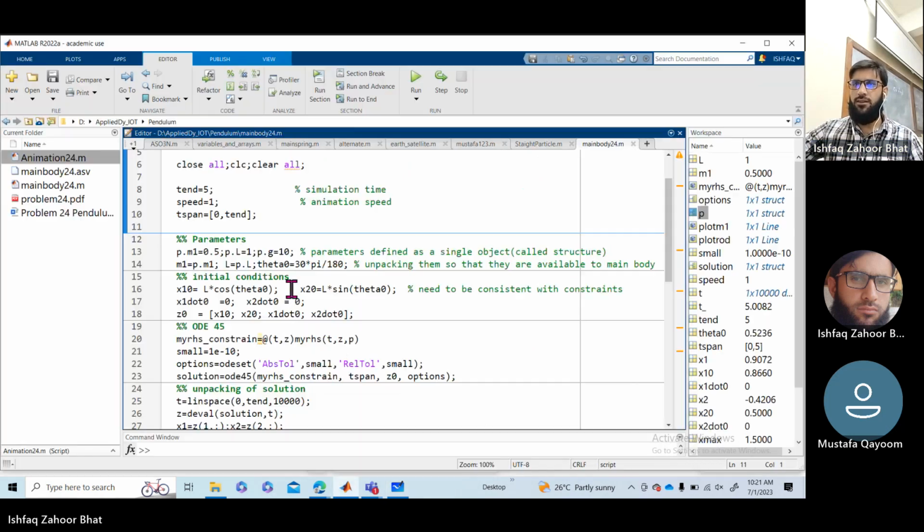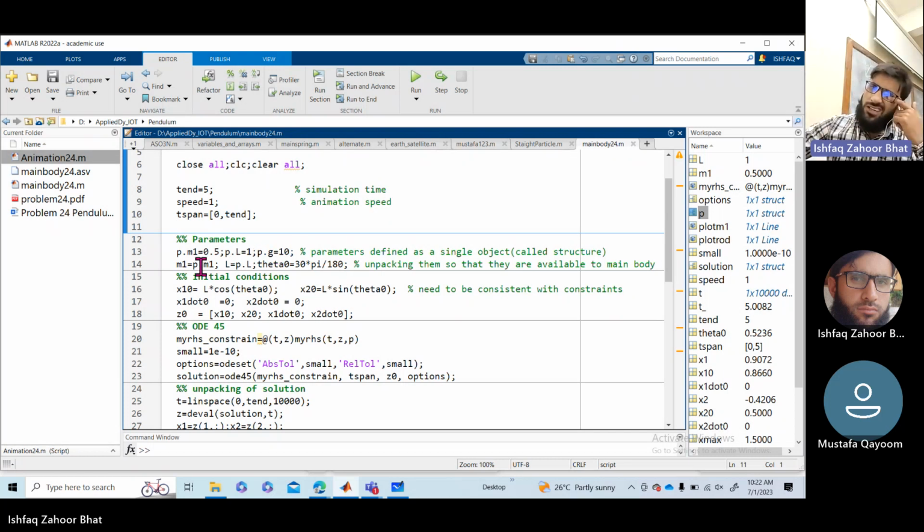So when you have written P.M1 equal to 0.5, a structure has already been defined with M1 equal to 0.5. Similarly, L equal to 1 and G equal to 10.